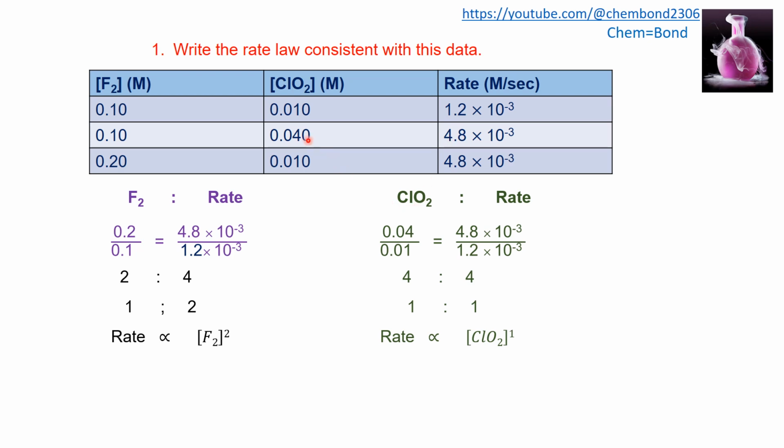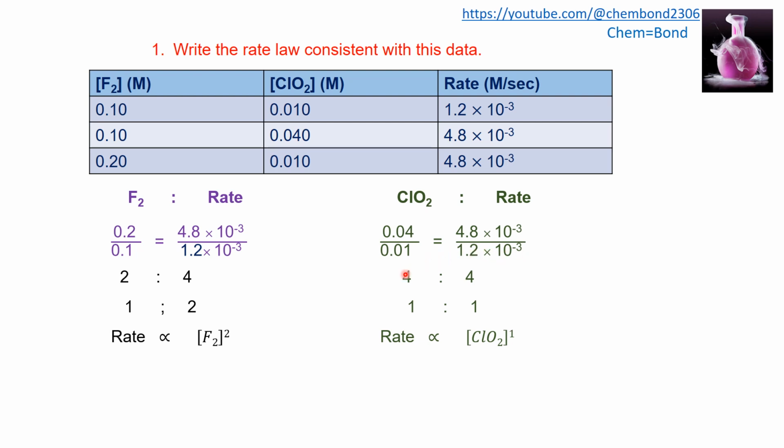So divide the larger value by the smaller value. In case of the rate, here we divide the larger value by the smaller value. So 0.04 divided by 0.01, this is the larger value, this is the smaller value from the given data, and 4.8 into 10 to the power minus 3 is the larger value of the rate, and 1.2 into 10 to the power minus 3 is the smaller value of the rate.